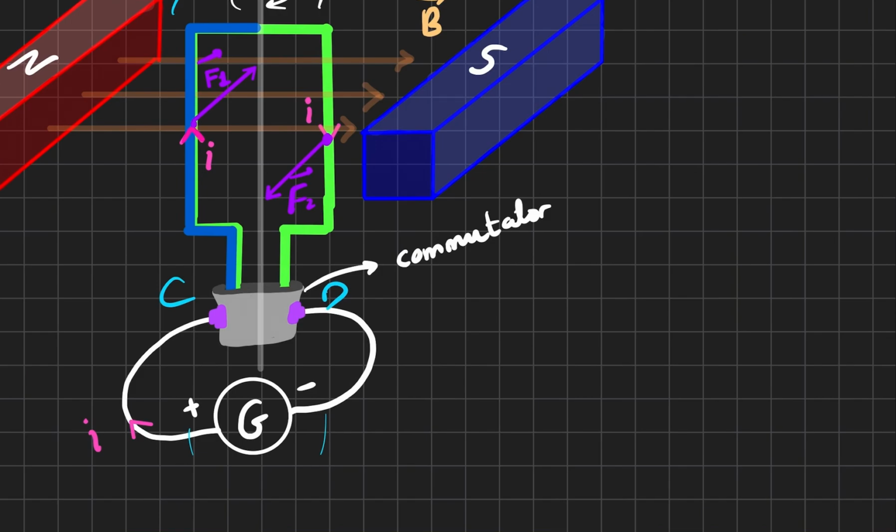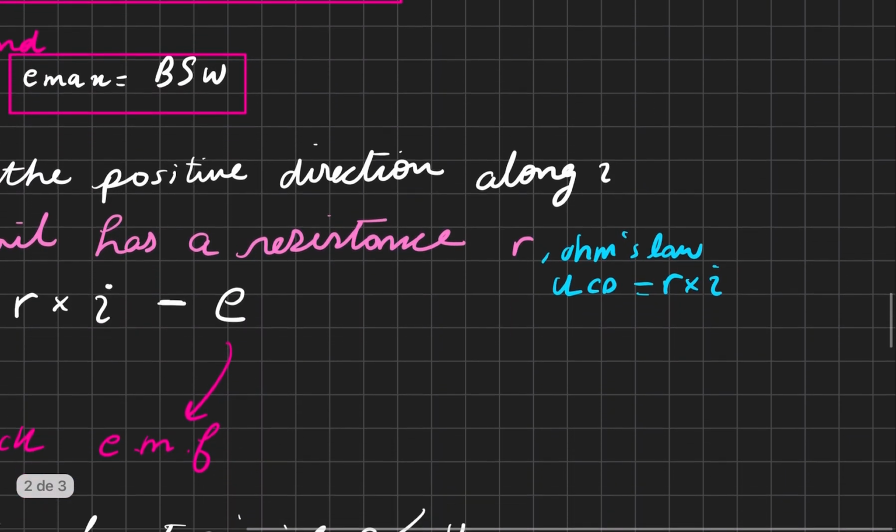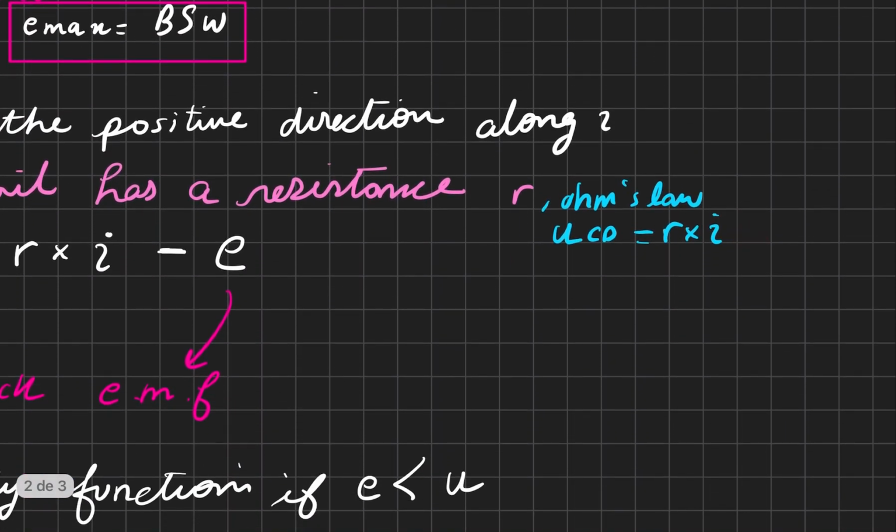But we have an induced electromotive force, or a back electromotive force, created by this coil. So what happens is that the potential difference of this generator is equal to the resistance of this coil multiplied by I, minus the back electromotive force.